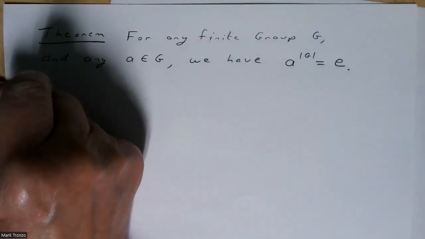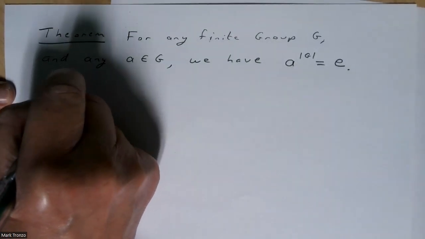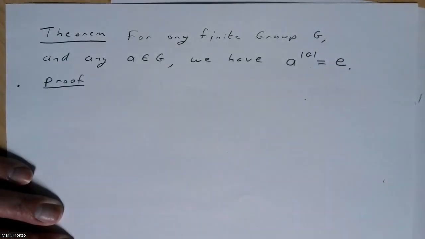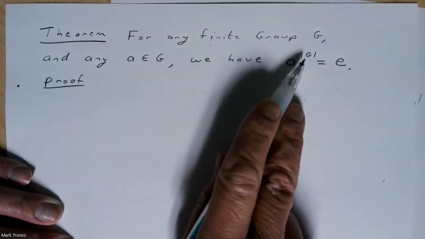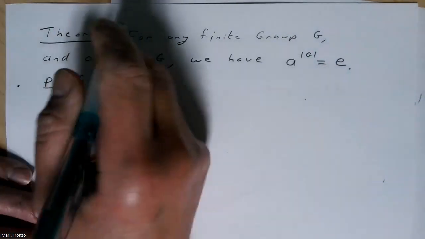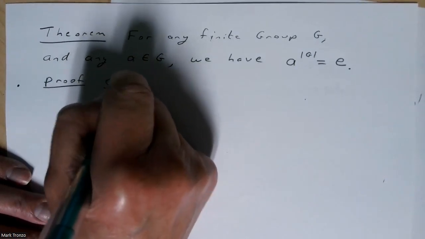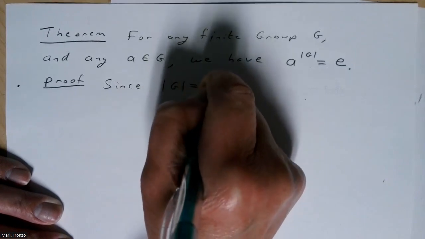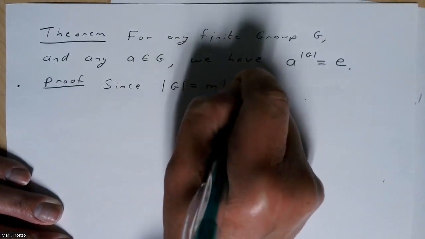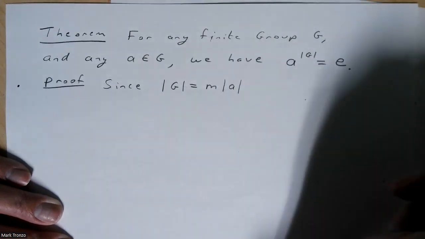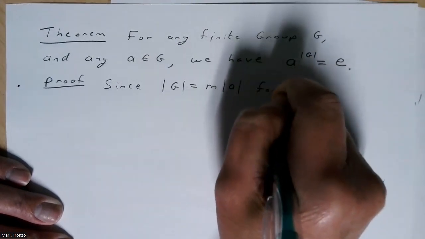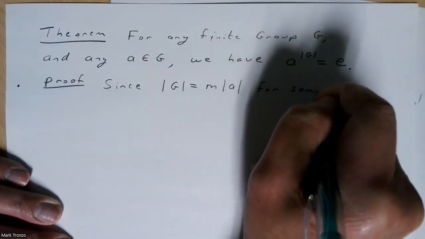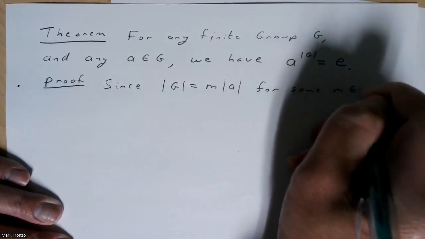And the proof is pretty simple. From what we just proved a minute ago, the order of A divides the order of G. And that implies that the order of G is equal to some M times the order of A for some M in the natural numbers.